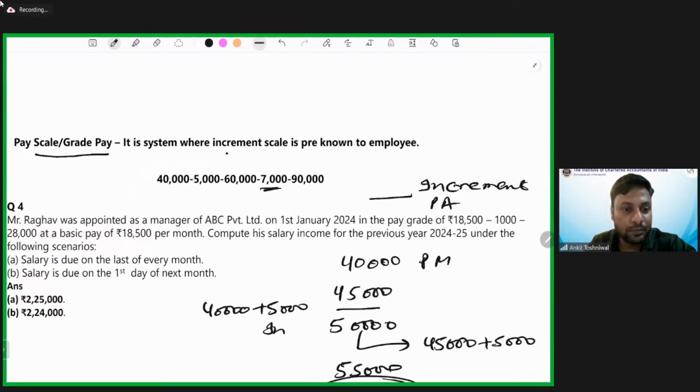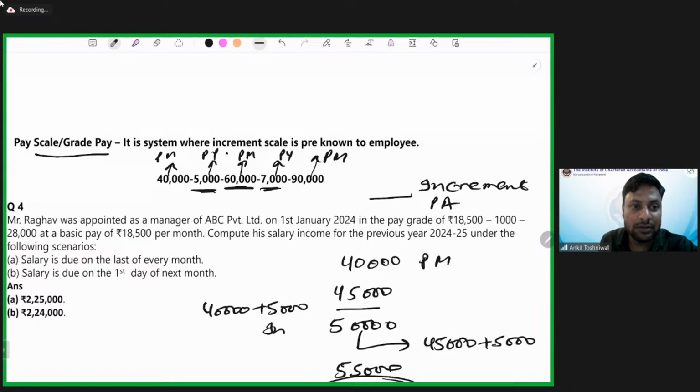So this is per month, this is per year, and this is again per month. You will get the increment of 5,000 per year until you reach the salary of 60,000 per month.